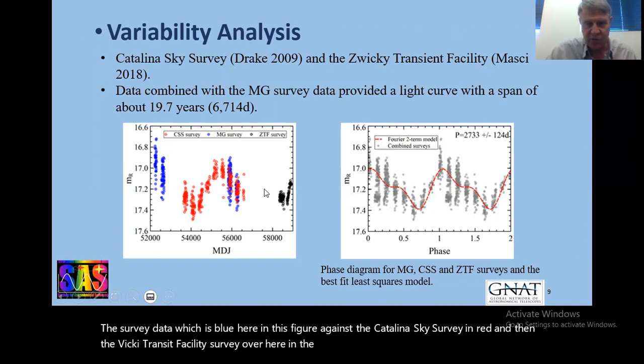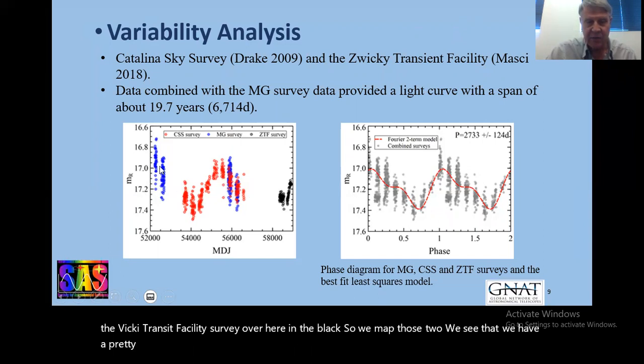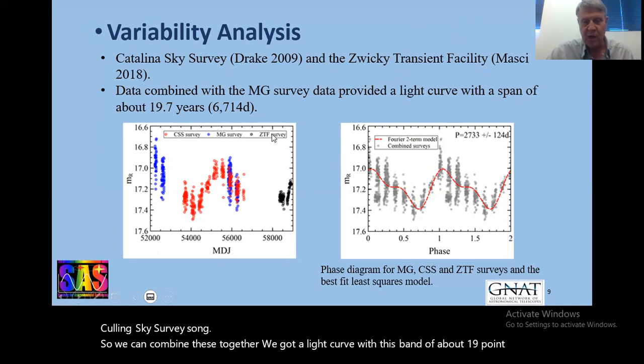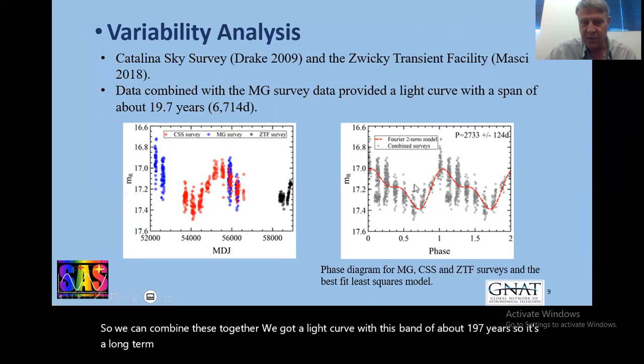If we map those, we see a pretty good match with our MG survey data, especially with the Catalina Sky Survey. So we can combine these together and get a light curve with a span of about 19.7 years. It's a long-term observation of this QSO.